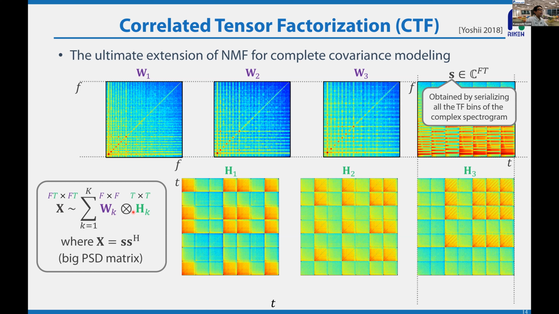It's so important. Here, S is an observed mixture, obtained by serializing all the time-frequency bins of the mixture. Of course, all the time-frequency bins are correlated with each other in the original time-frequency domain. However, by transforming the original observation S using this equation, in the new domain, all the bins are independent. It's so important.